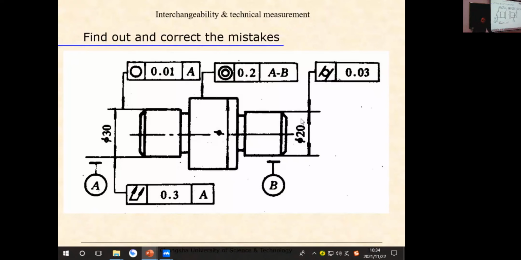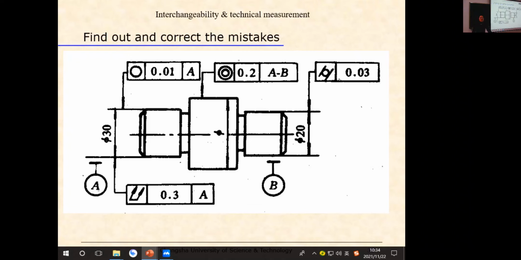Cylindricity, you think it's in line with the arrow line or not? No, not right, because this is the form tolerance, no datum, right? Form tolerance, no datum, but it describes the cylindricity here. The shaft's cylindricity is here, right? Understand?